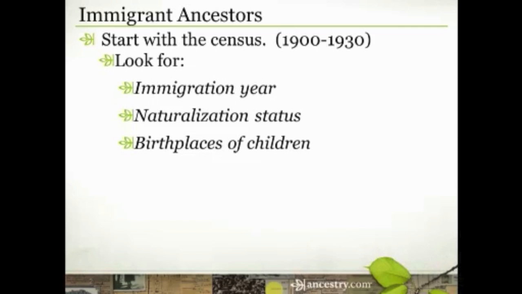Now, one of the challenges is that once you get 20 or 30 or 40 years away from an event, sometimes the exact year becomes a little bit imprecise. So make sure that you collect every one of those census records where possible, so that you have a range of immigration years and hopefully can narrow it down that way.